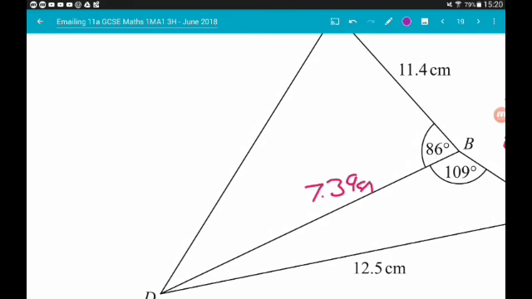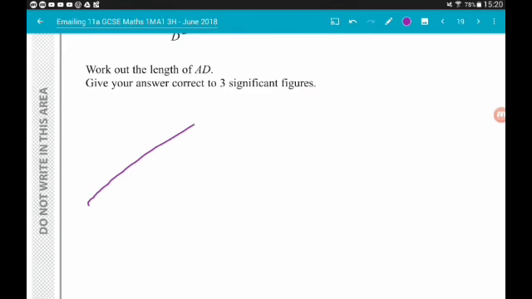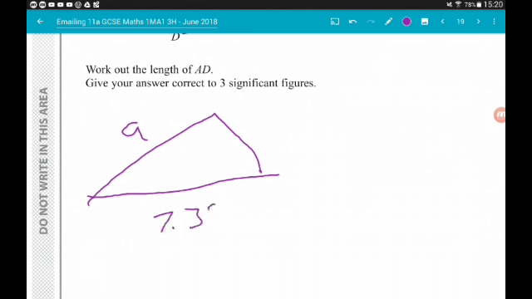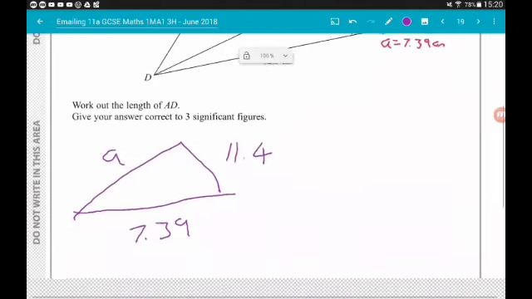The reason I keep using A here is because the formulas that we use are always in terms of A. So label things to make them easier for yourselves. So, in fact, what I'm going to do is just make a sketch of this triangle down here, calling this side A, this length 7.39, this length is 11.4, and the angle is 86.